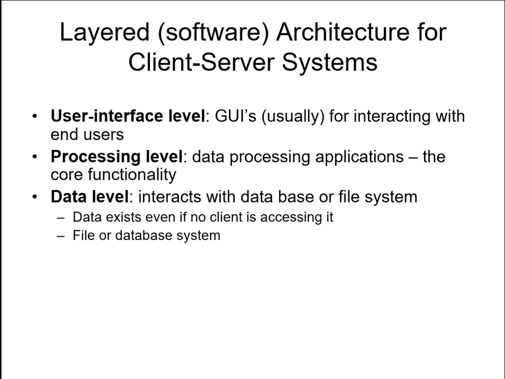And then the data level, which interacts with the database or file system. So data exists even if no client is accessing it, in a file or database system. Normally in a two-layer client server architecture, we have the user interface and processing level in one layer, while the data level is in another layer. So we must have a data level and a processing level.